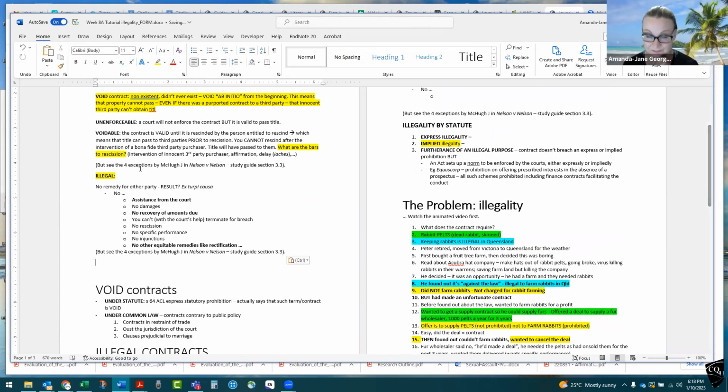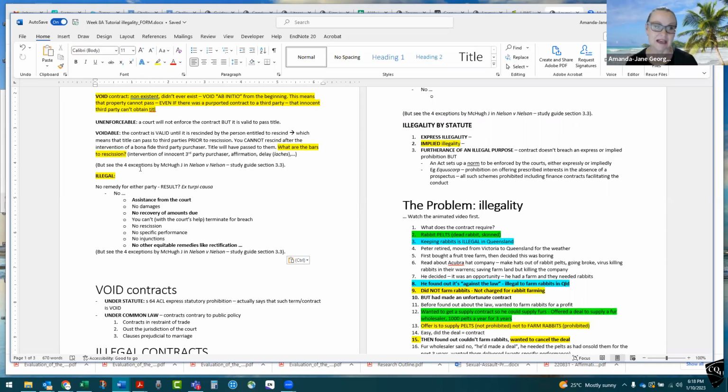No damages, no recovery of amounts due. You can't terminate for breach, no rescission, no specific performance, no injunctions, and no other equitable remedies like rectification. Okay, so it's extreme. It's just nada.